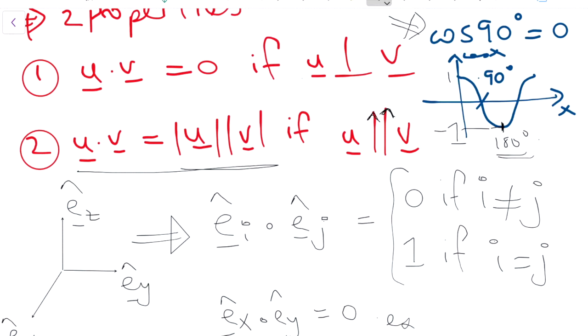But ex dotted with ex equals 1. That's pretty easy. So now, this gives us a way to essentially take out components.